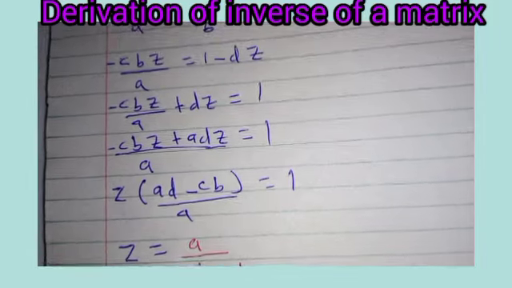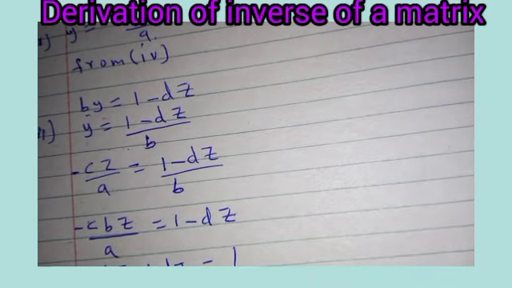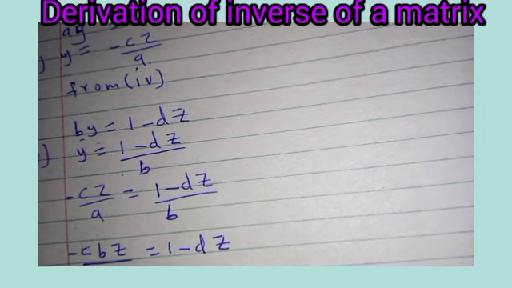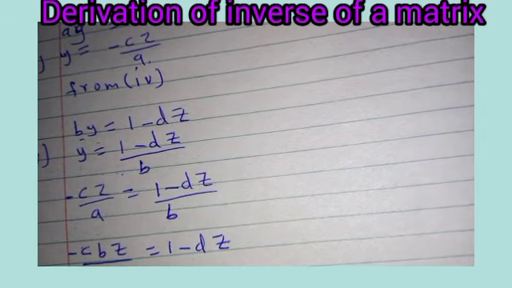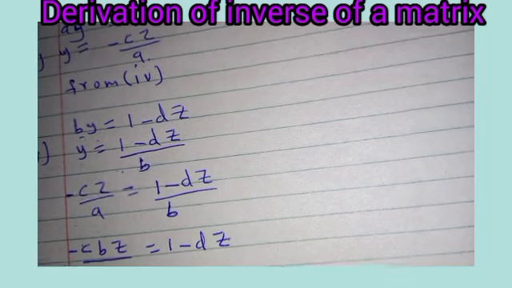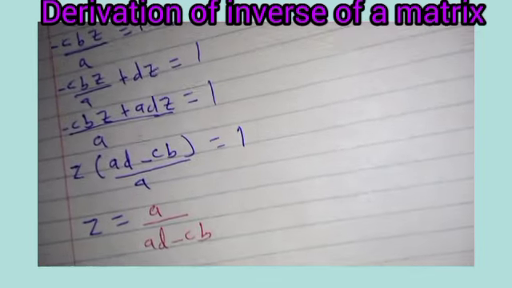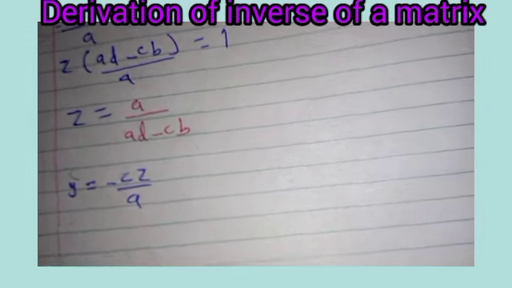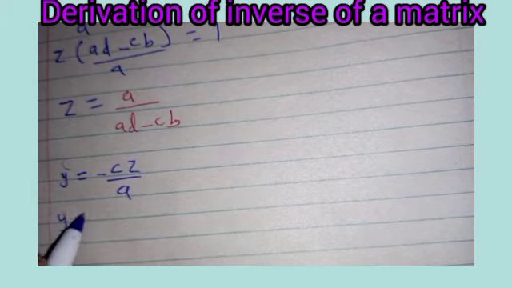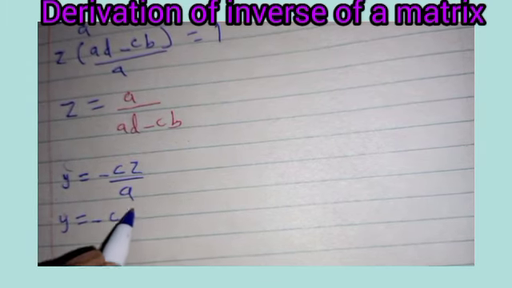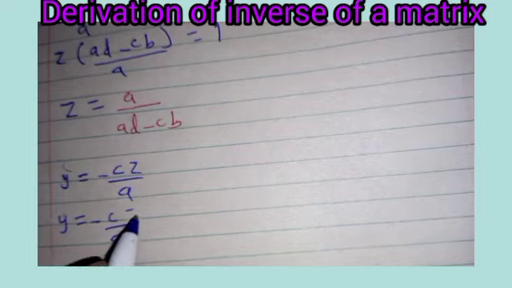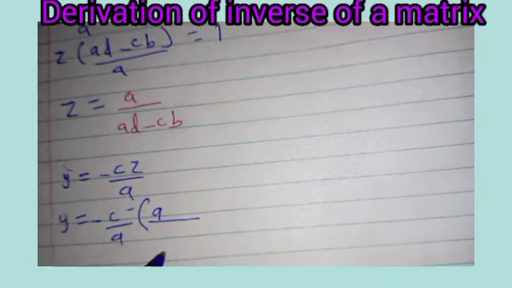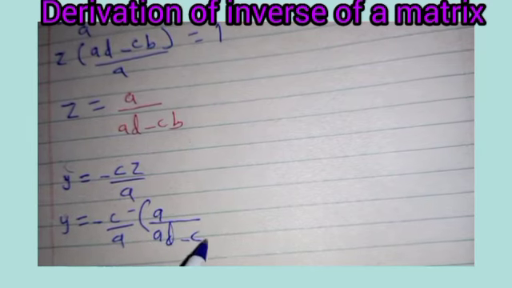So Y, we had obtained up there that Y is equal to minus CZ over A. So here we can substitute to get Y is equal to minus C over A multiplied by A divided by AD minus CB.